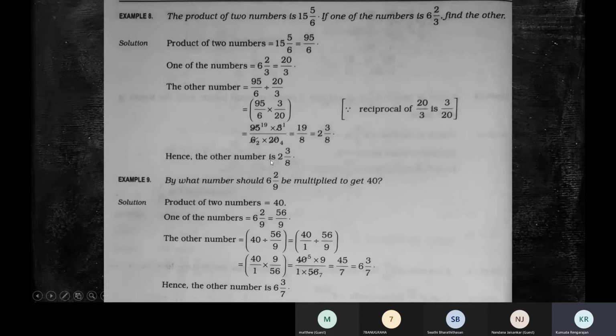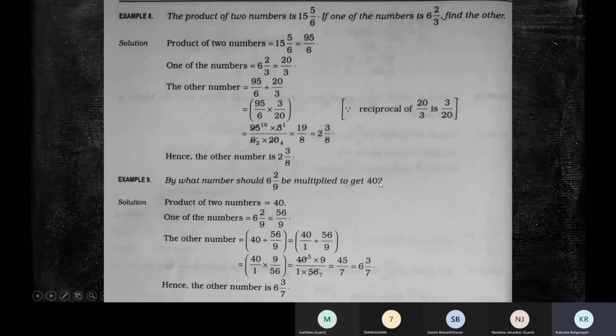By what number should this one be multiplied to get 40? All right. So here they've written the product of two numbers is 40. Yeah, this is the product, because when you multiply this number by some other number, the answer you get is called the product.